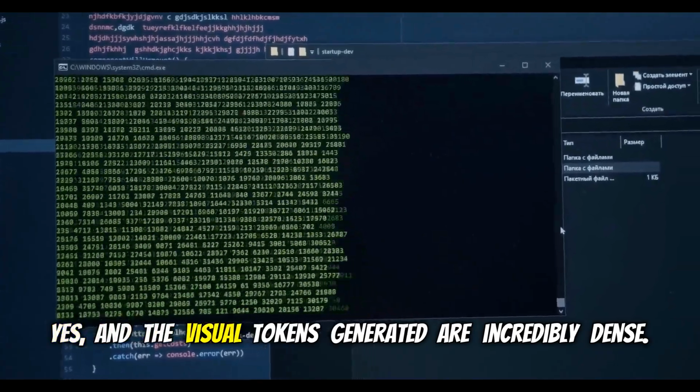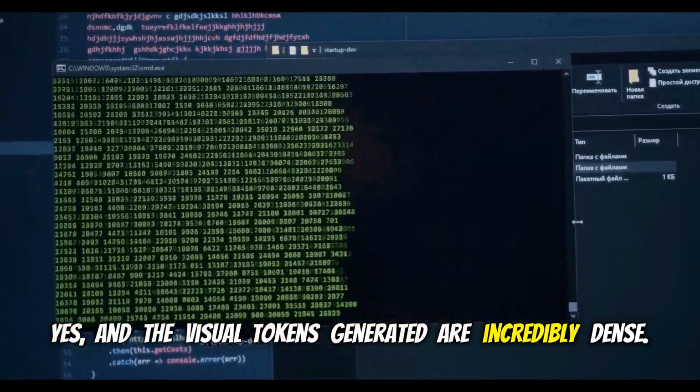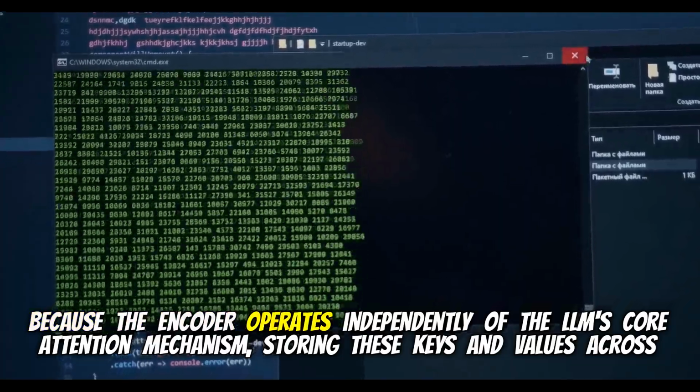Yes, and the visual tokens generated are incredibly dense. Because the encoder operates independently of the LLM's core attention mechanism, storing these keys and values across long temporal windows just exhausts your VRAM rapidly. Standard KV caching optimizations that were designed for autoregressive text simply don't translate efficiently to these redundant, dense visual embeddings.